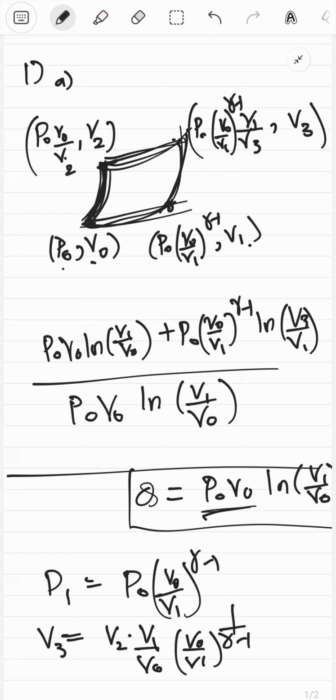Amazing. So this is just v0 v1, nothing complicated really. And once you put that over there, like what v3 is, you just want natural log of this whole thing. Now that's weird. So it's just v2 upon v0, and then you got v0 upon v1 power 1 upon gamma minus 1.